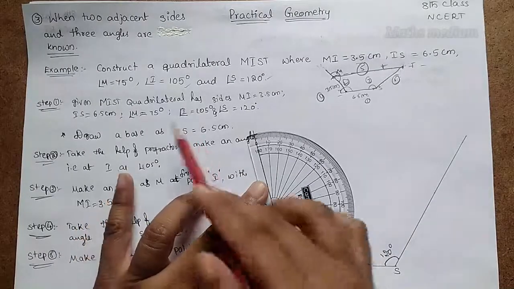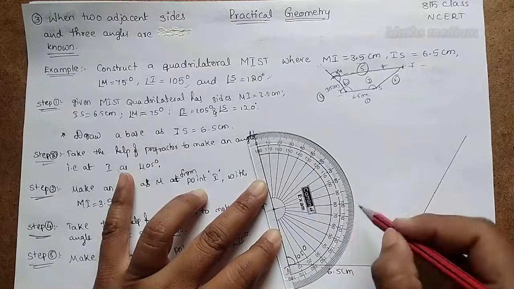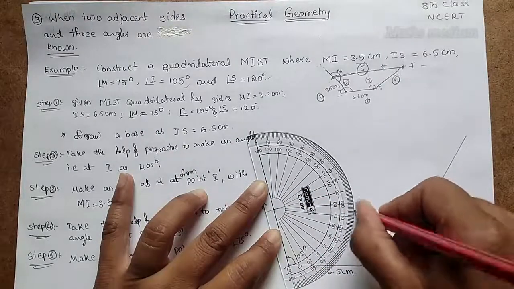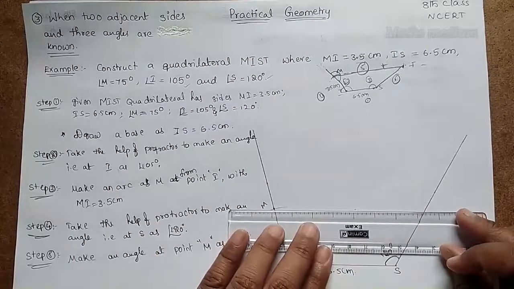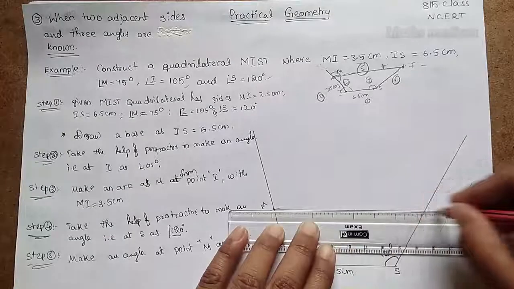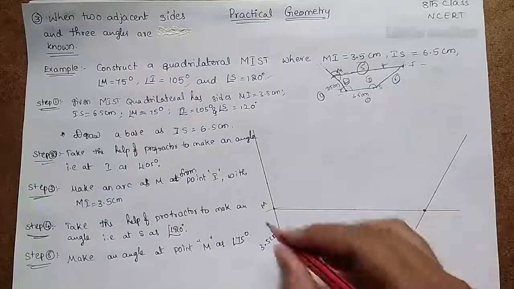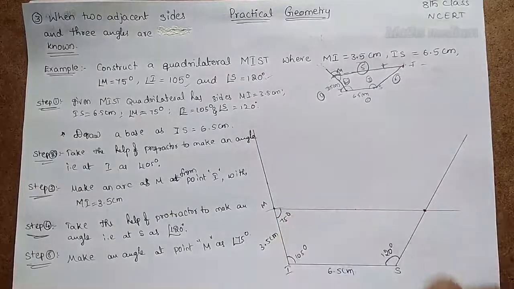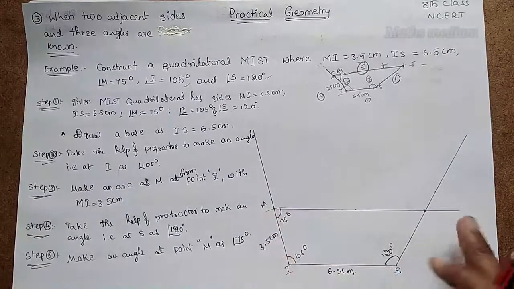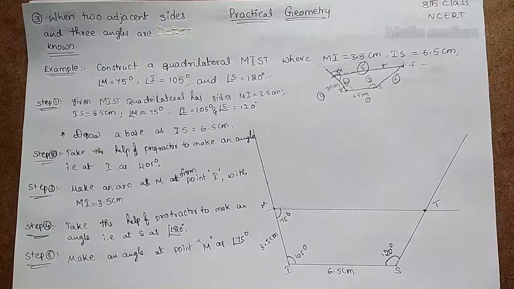So make the angle 75 degrees. This is 90, this is 70. In between 80 and 70 there is 75. Put a point and draw a line through that point like this. This is a point where these two meet. So this is angle 75 degrees. This is the angle M and this is the point MIST. That's all. We have completed the construction of the quadrilateral.